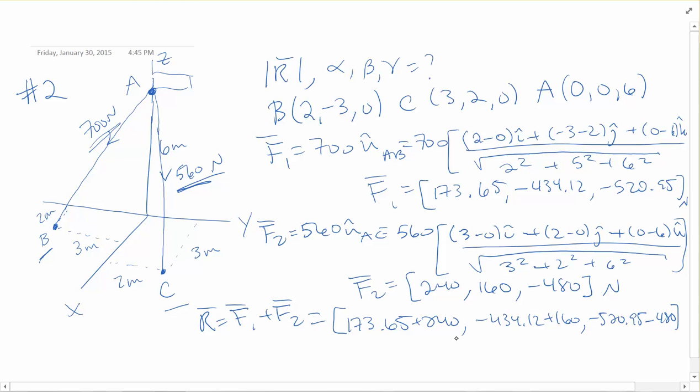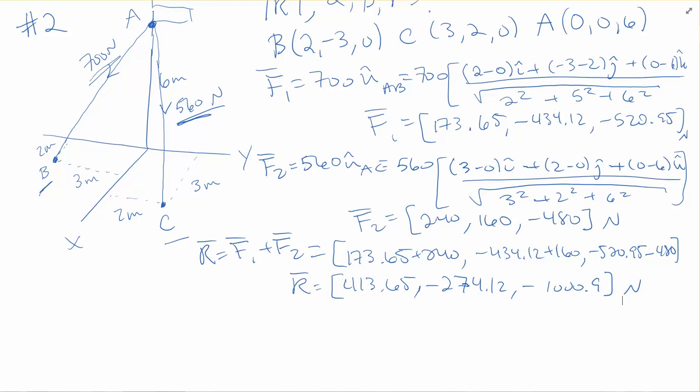Doing that addition, we end up with 413.65, -274.12, and -1000.9. That's in newtons. That gives us our resultant force created by those two forces in the cables. You can see that overall you have a positive x component, and the y and z directions are both going in the negative direction. So it's going downward and then over towards the left.